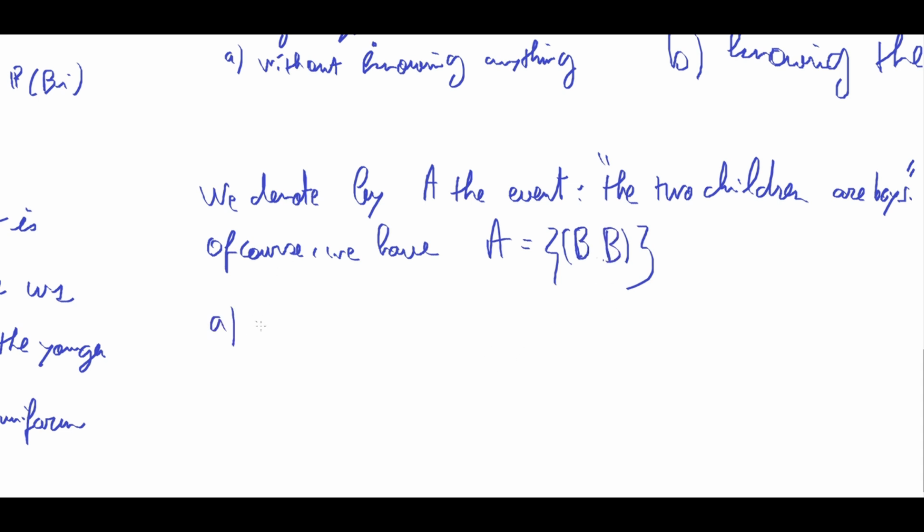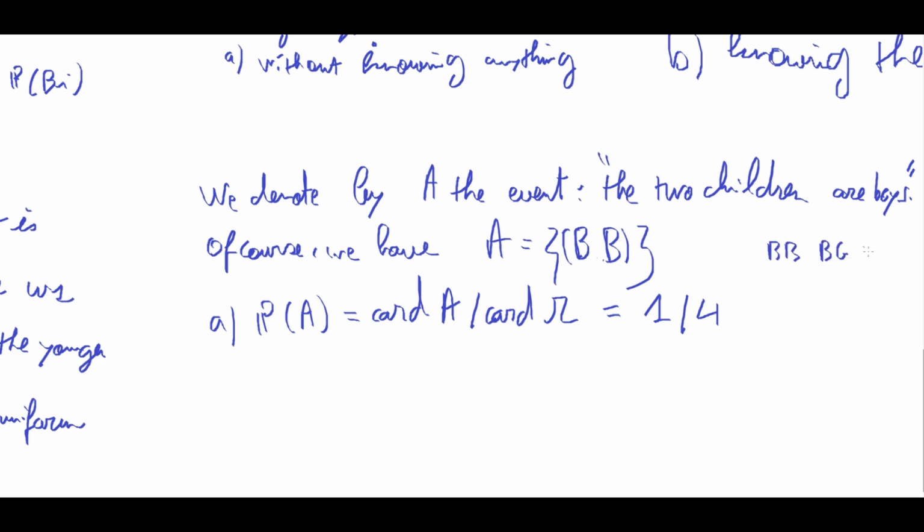So the probability of the two children being boys, this is P of A. This is the cardinal of A divided by the cardinal of omega, and this is 1 over 4. Because there is one case where this happens, among boy-boy, boy-girl, girl-boy and girl-girl, with the elder on the left and the younger on the right. So 1 over 4.